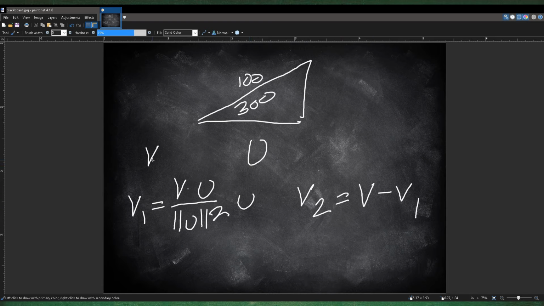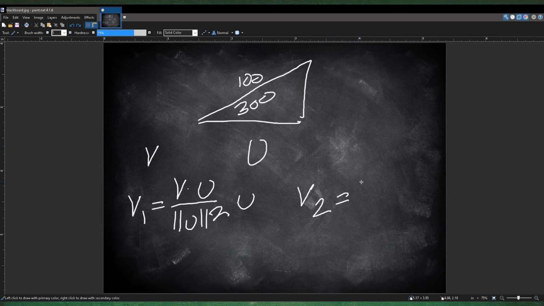So the question is, if an object weighs 100 pounds at a ramp of 30 degrees, how much force is needed to keep the object still? So we have a force that's going down on it by 100.